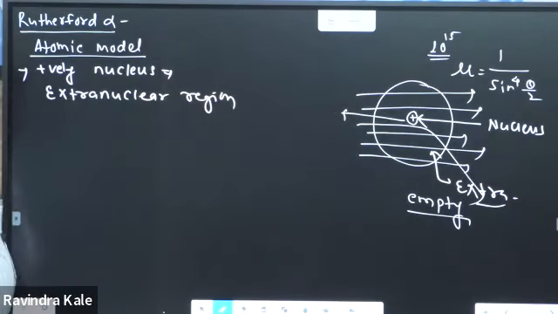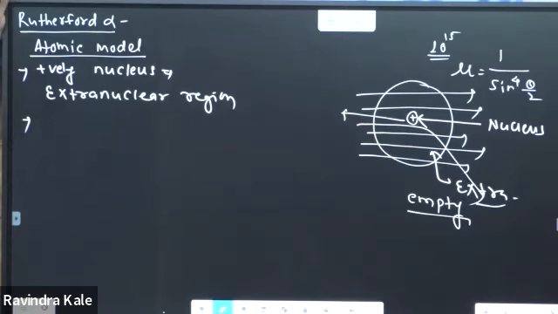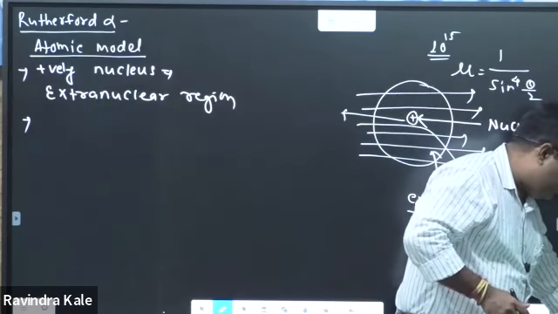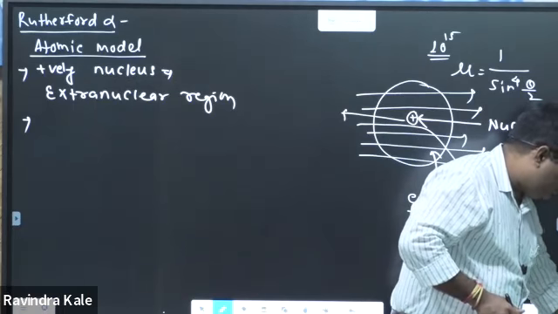Then according to the Rutherford atomic model, electrons are continuously revolving around the nucleus, like planets revolving around the sun in the solar system. You know that planets revolve around the sun in which system? Solar system.